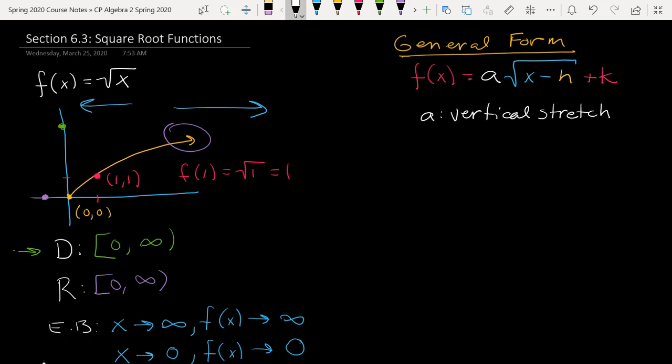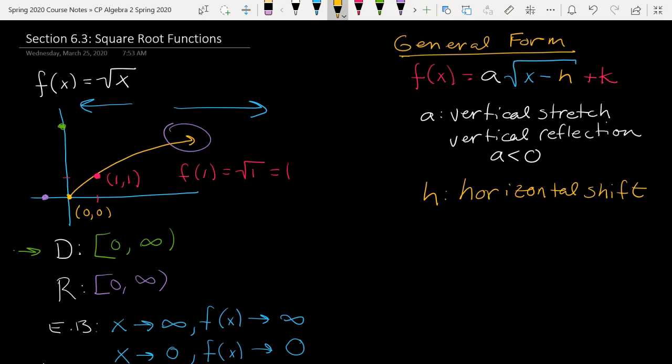A determines the vertical stretch, or how tall this curve gets relative to the parent function. But it also determines vertical reflections, which is important in the case that a is less than 0, or a is a negative number. When a is a negative number, it flips the square root function vertically.